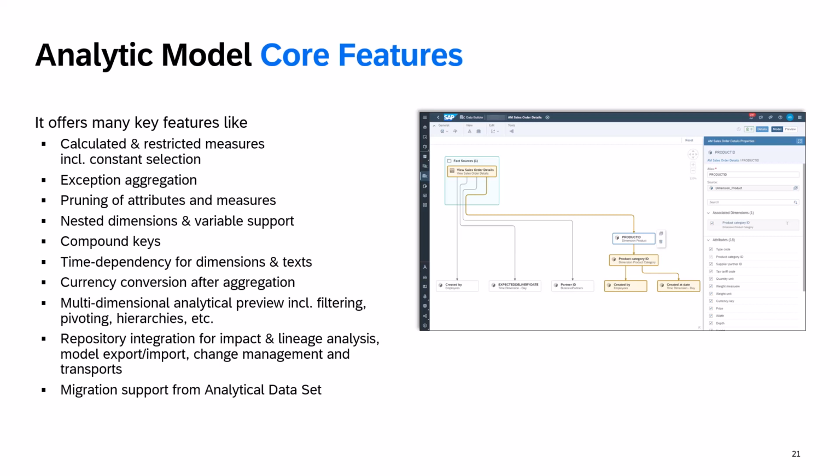A very valuable feature. Also exception aggregation, pruning of attributes and measures, and nested dimensions. What you see here in the screenshot is that you can not just go one level deeper, but really have stacking of different tables and dimensions.